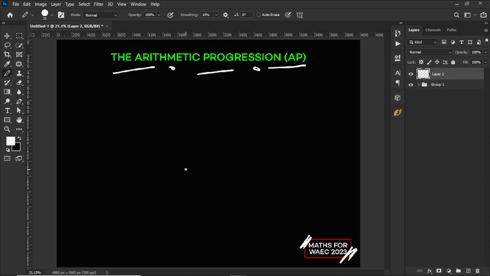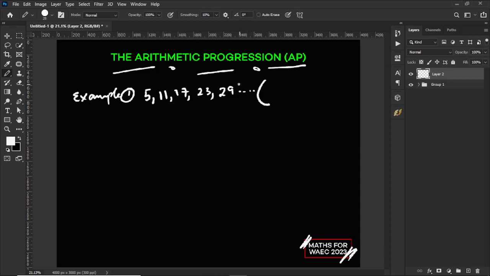All right, so can we go on? Okay, let's take an example of arithmetic progression now. For example, if I have 5, 11, 17, 23, 29, and so on like that.